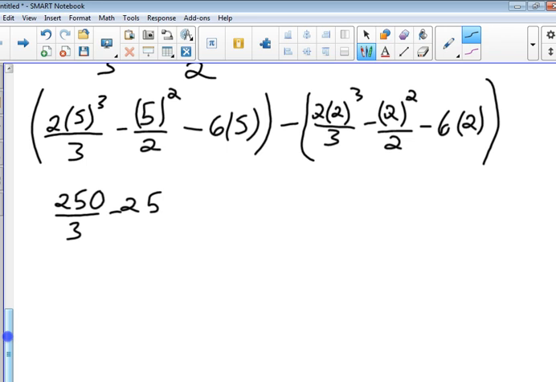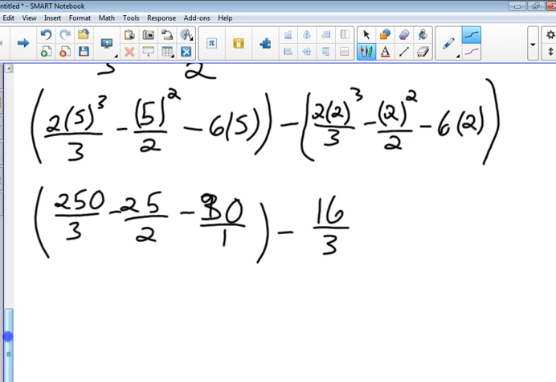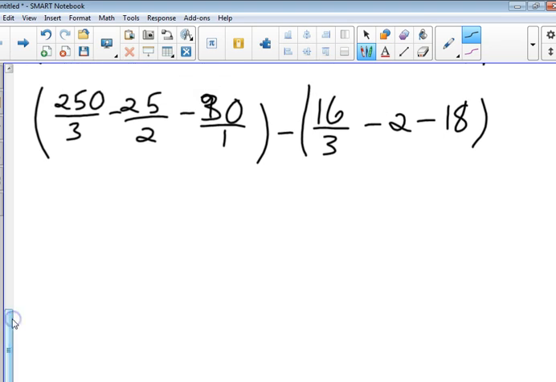This one's good, this one is not bad. Is your 245 over 6? Good. 52.